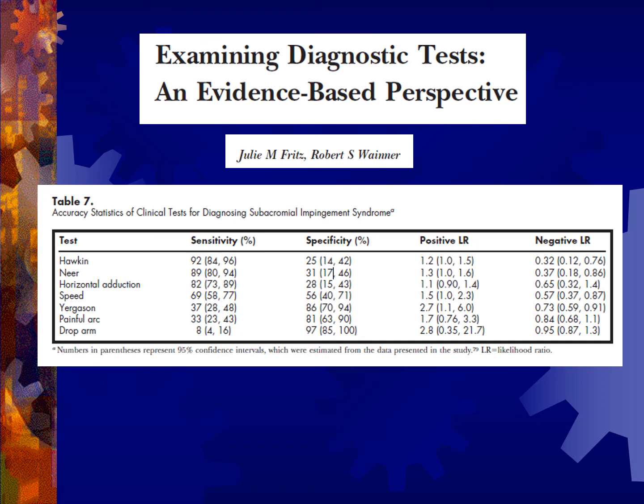Again, in this regard, Hawkins and Neer are probably best used if they're negative to help rule out pathology, while with respect to specificity, the Jobe, the painful arc and drop arm test, and the positive likelihood ratios correlate to that as well, really help us rule in pathology if those tests are positive while the other ones do not.